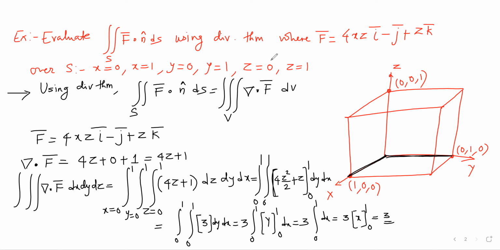Okay. So this way it becomes very easy once you evaluate it. Whenever we have an enclosed surface, bounded on all sides, the divergence theorem makes things very easy to evaluate.